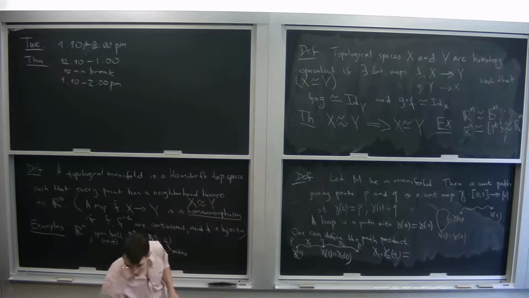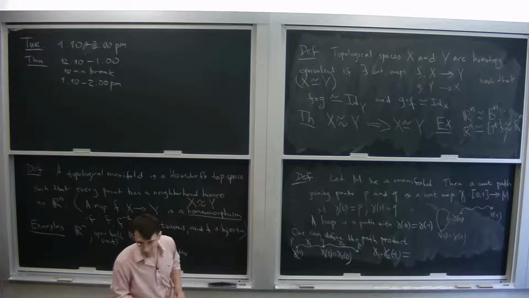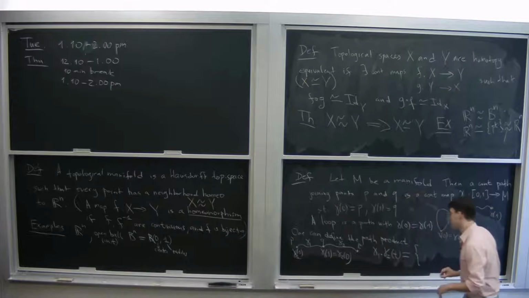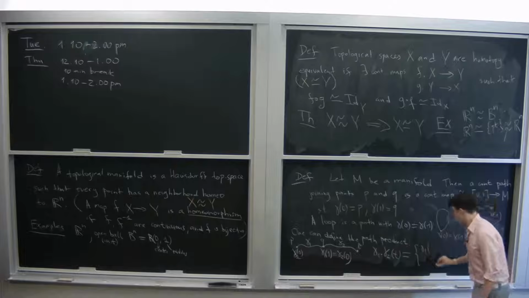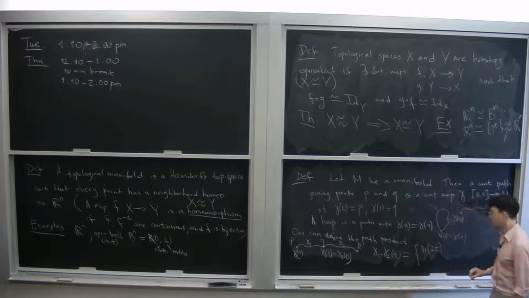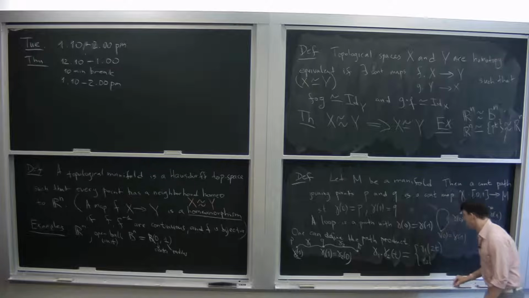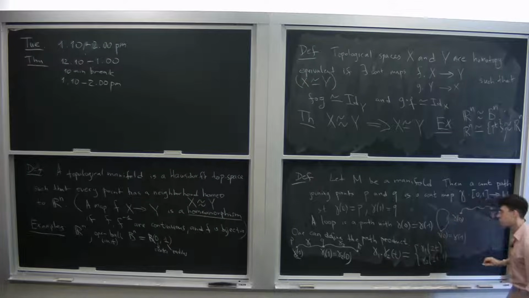I will define it in general, and then I will say something about loops. It should be gamma 1 of 2t, and here it will be gamma 2 of 2t minus 1, but let me just check.